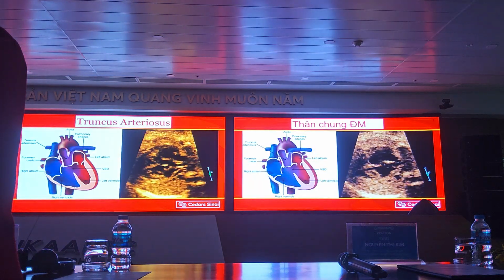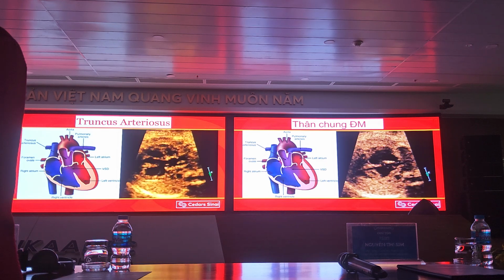And finally, truncus arteriosus. I don't have as beautiful images here today as I like, but truncus arteriosus is when you have one semilunar valve, and then both the coronaries, the pulmonary artery, and the aorta all come off that single artery coming off above that one semilunar valve.